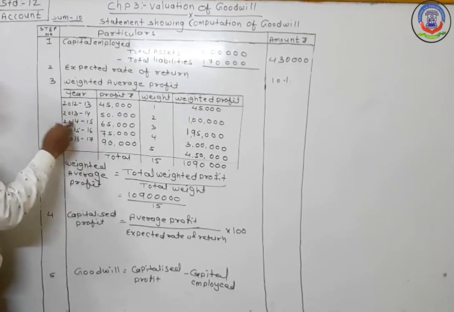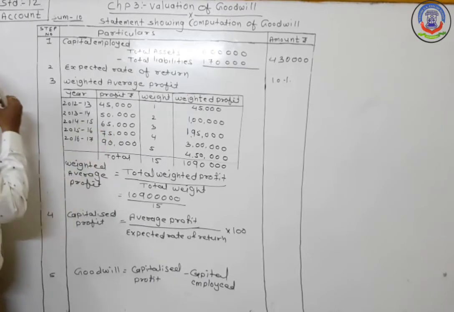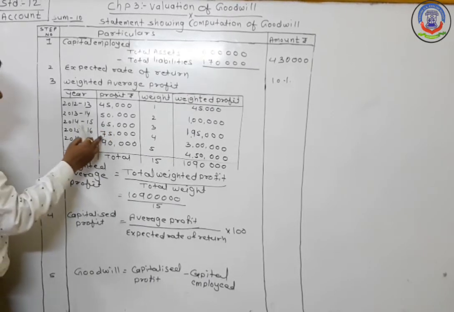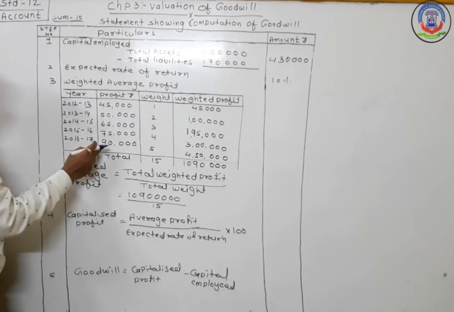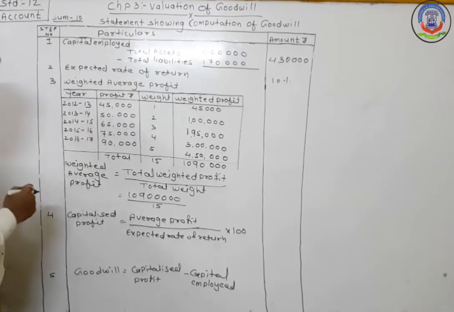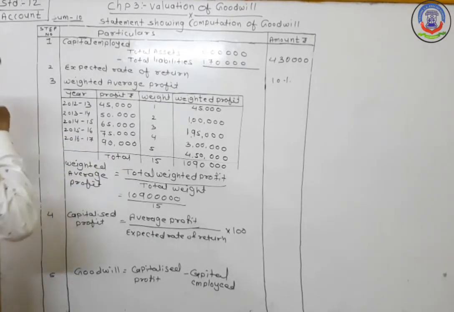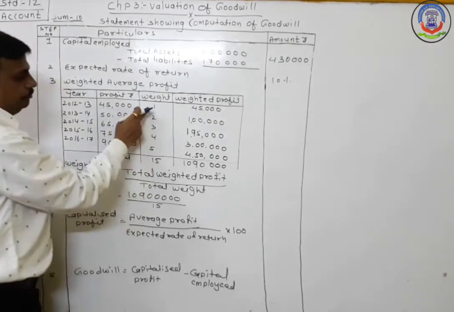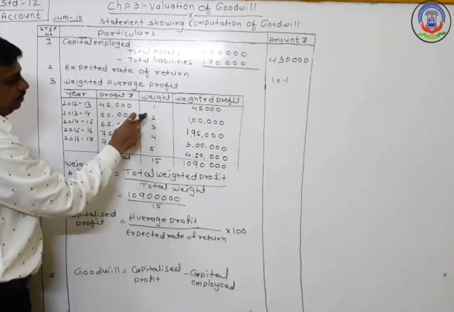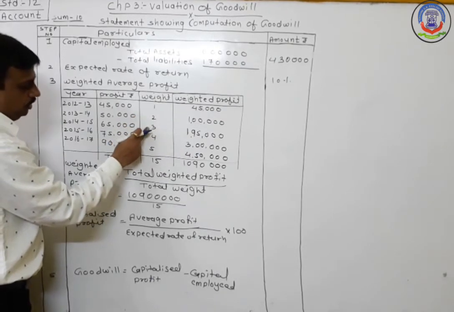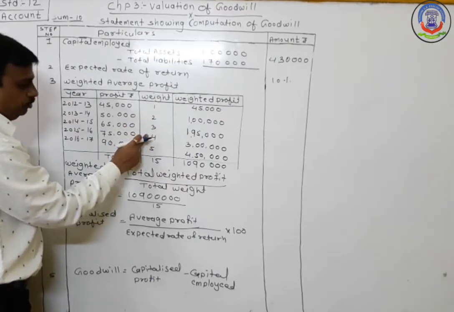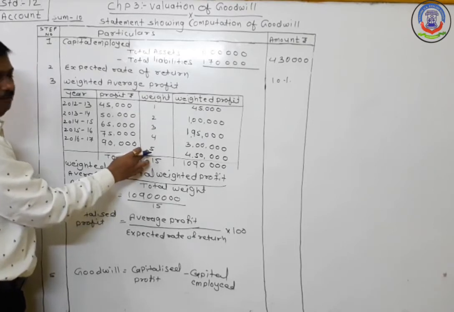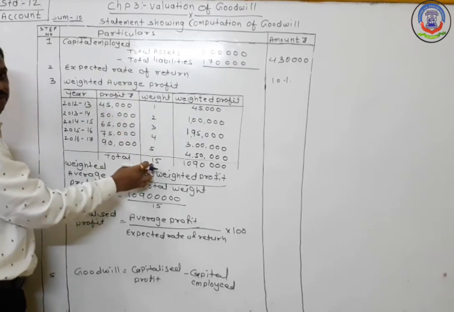For the third year, 65,000. For the fourth year, 75,000. For the fifth year, 90,000. Now, weight for the first year is 1, second year 2, third year 3, fourth year 4, and fifth year 5. Total weight is 15.